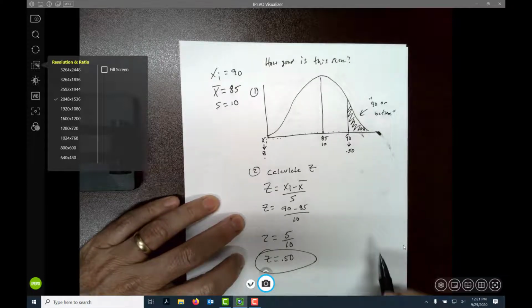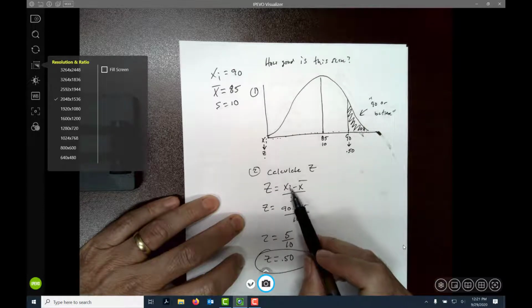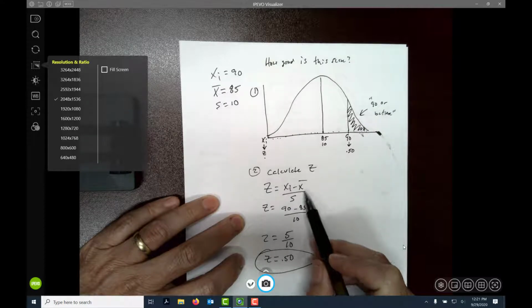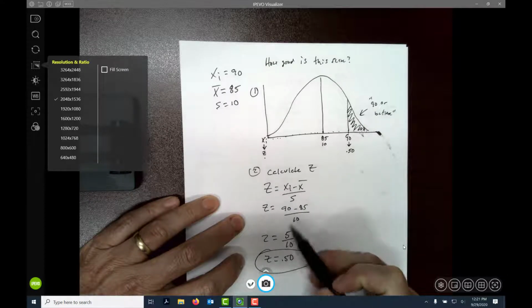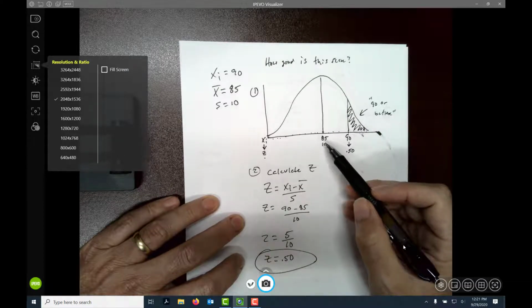Also notice that the z-score that always corresponds with the mean is 0. Because if you have 85 minus 85, that's going to be 0, divided by whatever standard deviation, you're going to end up with a z-score of 0. So the z-score that always corresponds with the mean is 0.